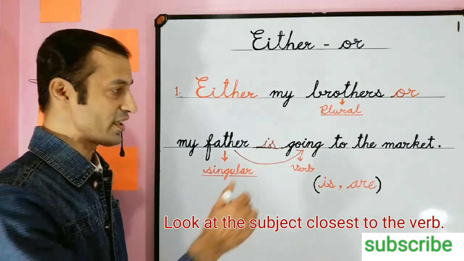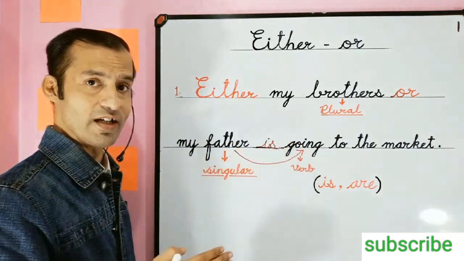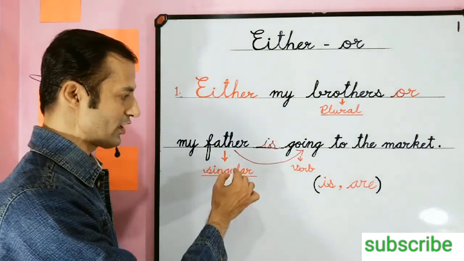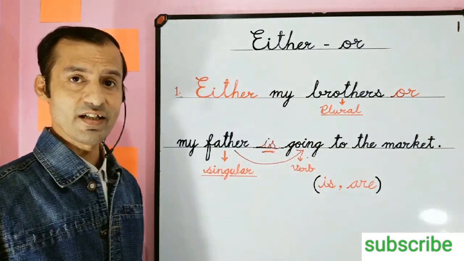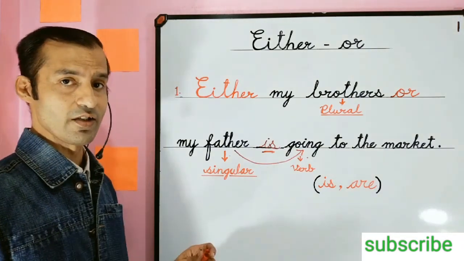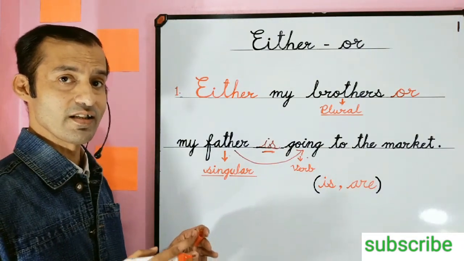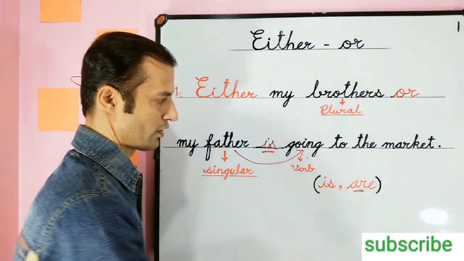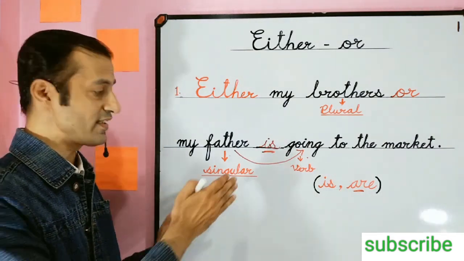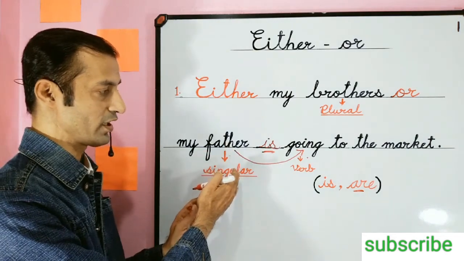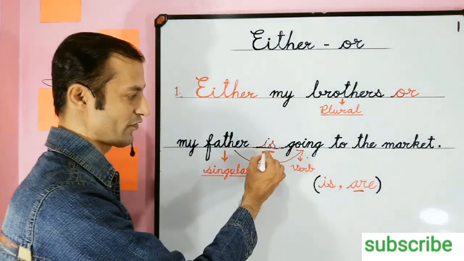If the subject nearer to the verb is singular, it must be a singular verb. And if the subject nearer to the verb is plural, we must use the plural verb. So in this sentence, the subject father is singular, so we have used the singular verb is.